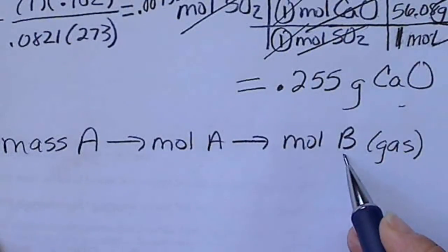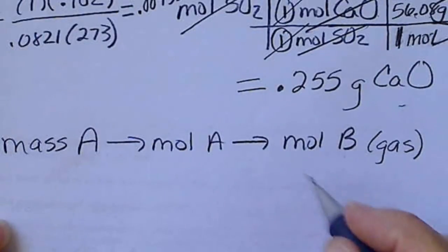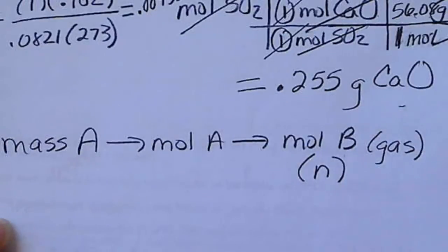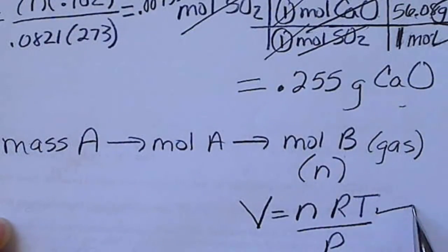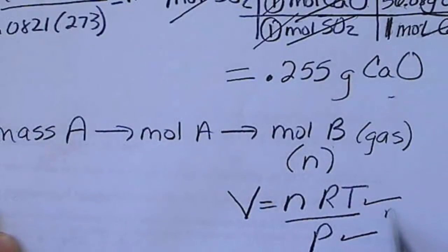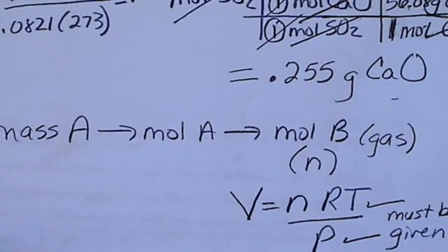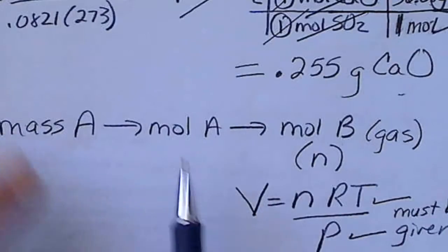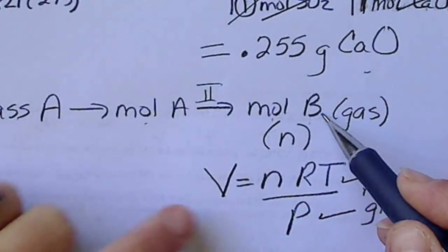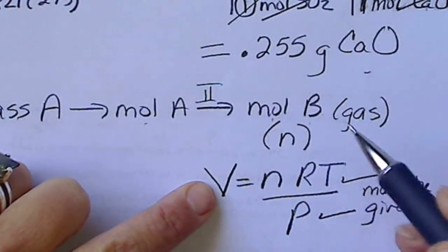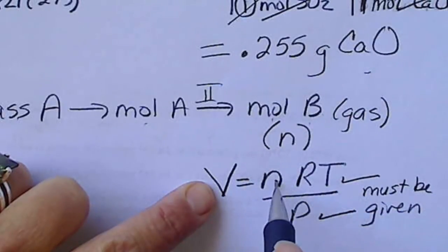Once we have the moles of a gas, which is step 2, we're going to remember that that's N, and we're going to solve for the volume, nRT divided by P. T and P both must be given in the problem in order for us to solve this. So if we're given the mass of a solid, the only thing we can do is go to moles of the solid. Then from the balanced equation, which is step 2, we can go to moles of a gas. Then we could solve for the volume of the gas because the moles of the gas is N.